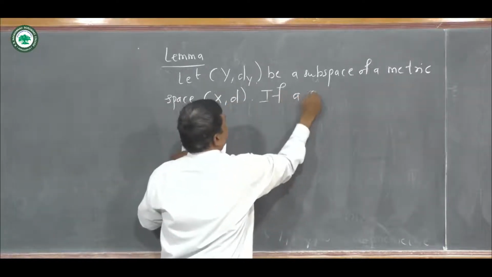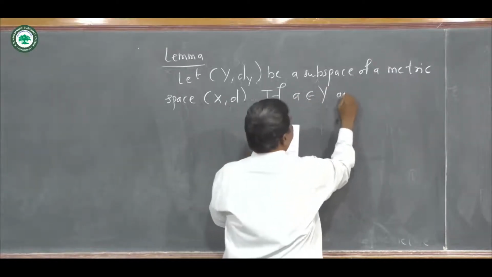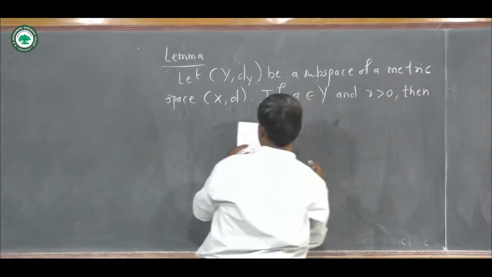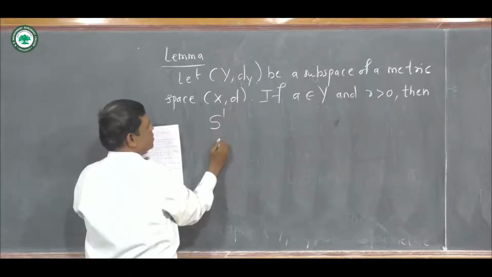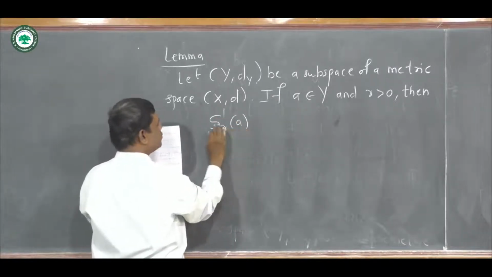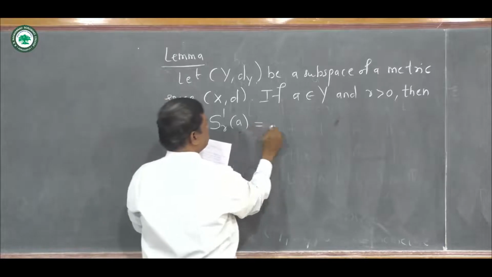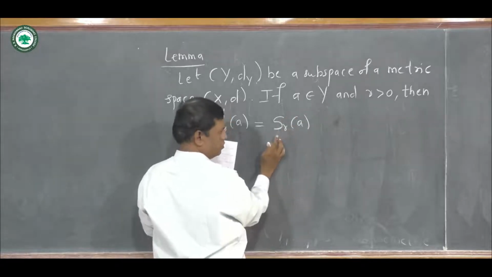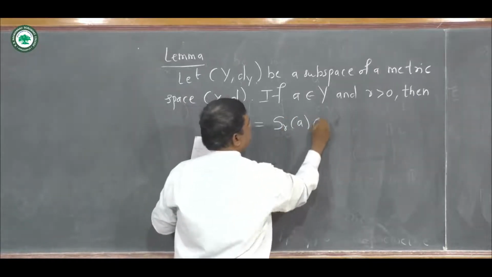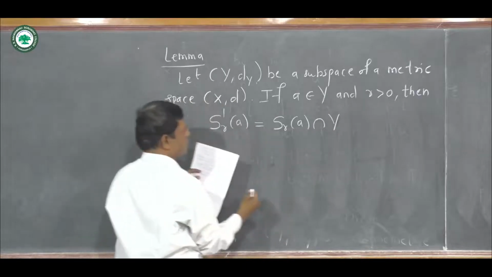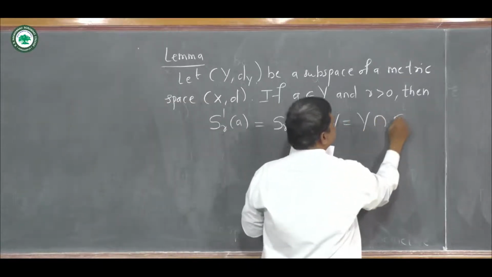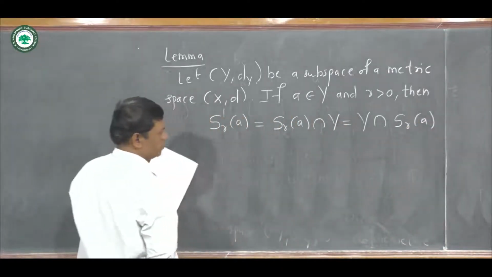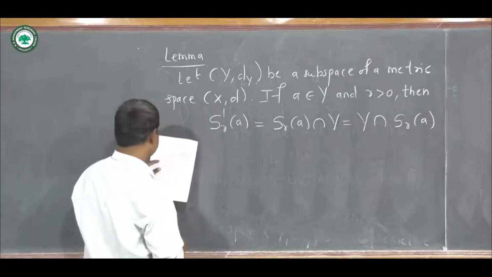If A belongs to Y and r is greater than 0, then this open sphere S'(r, A), the open sphere centered on A of radius r, is equal to the open sphere S(r, A) intersection Y, or you can write Y intersection this set S(r, A). Now this is again the open sphere centered on A and of radius r.